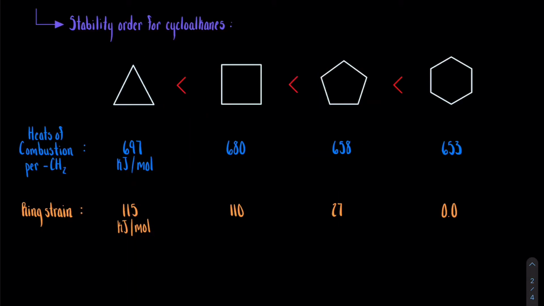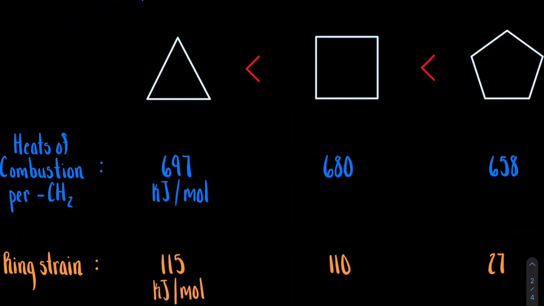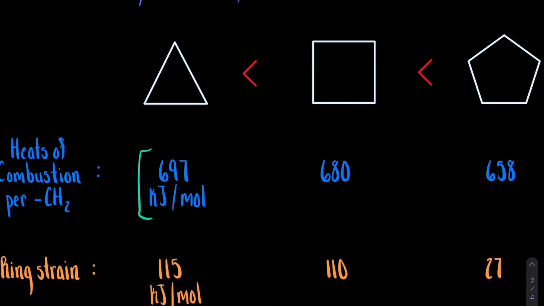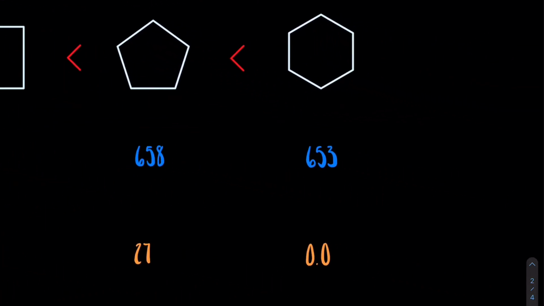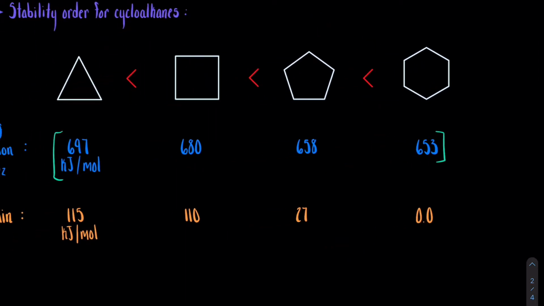Alright, so when we move forward with cyclic compounds, we must understand stability. Stability in organic chemistry is extremely important. In order to understand reactions and mechanisms, you must have a great understanding of stability. If we look at these molecules, a cyclopropane molecule has a heat of combustion per CH2 unit of 697 kilojoules per mole, as compared to 653 kilojoules per mole for cyclohexane.